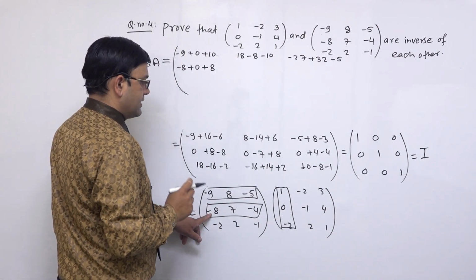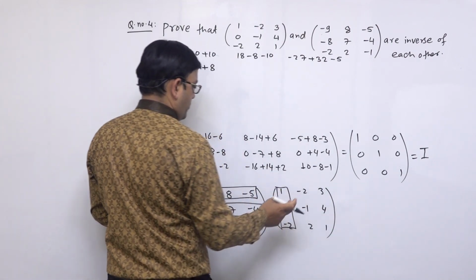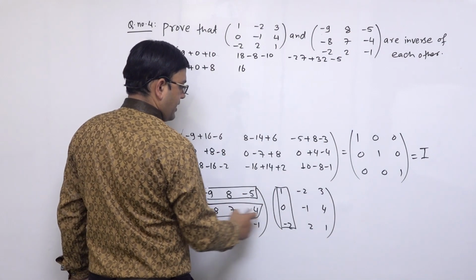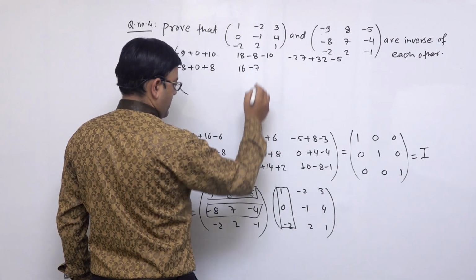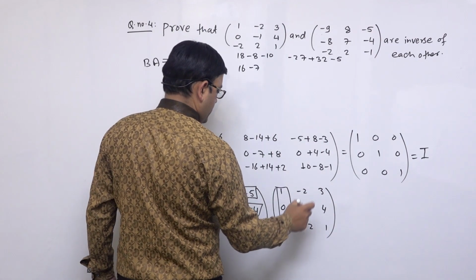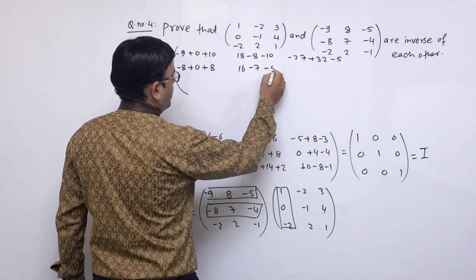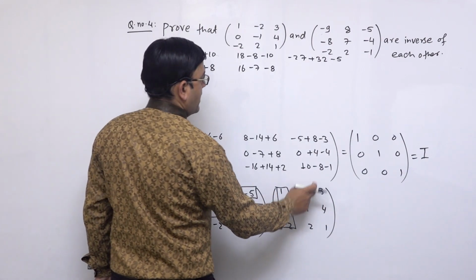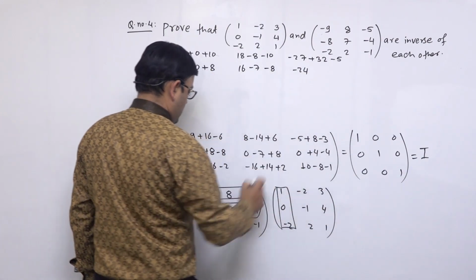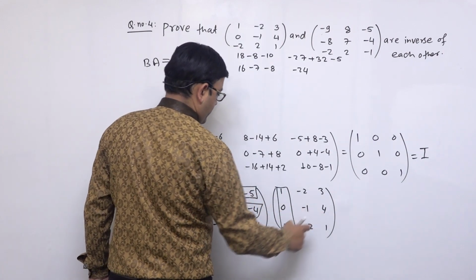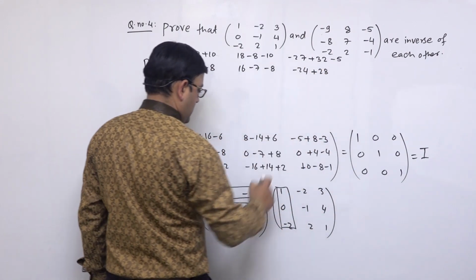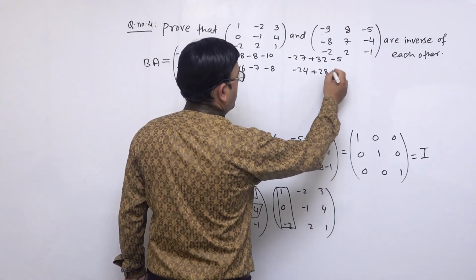Again minus 8 times minus 2 is 16, minus 7 times minus 1 is minus 7, and then minus 4 times 2 is minus 8. Similarly again, minus 8 times 3 is minus 24. So 7 times 4 is 28, and then minus 4 times 1 is minus 4.